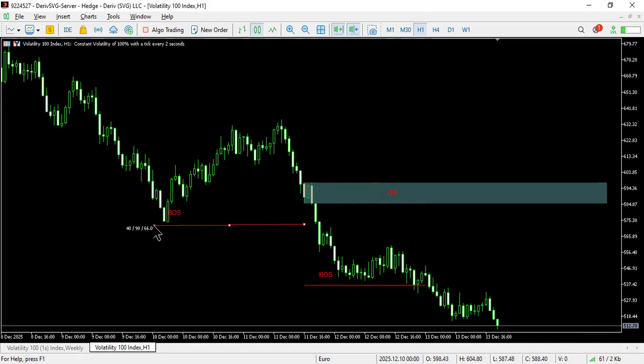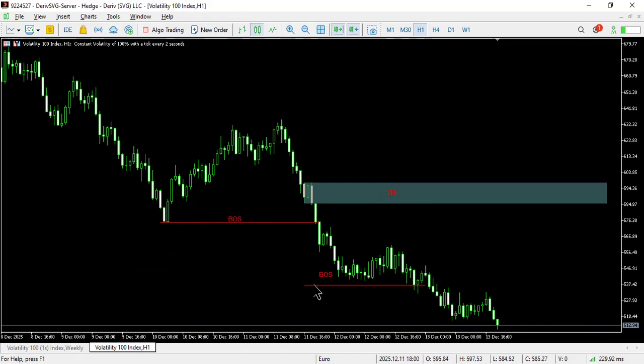And then we'll continue selling as our bias is bearish. So that is what we have.